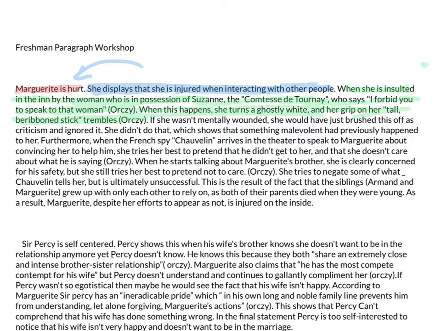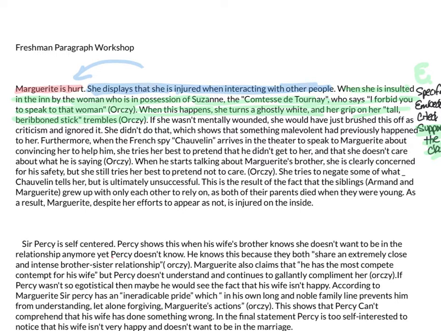Yep, that is your evidence. If it is evidence, what are some of the rules? Hopefully you came up with some of these. It needs to be specific, embedded, cited, and it needs to support the claim.